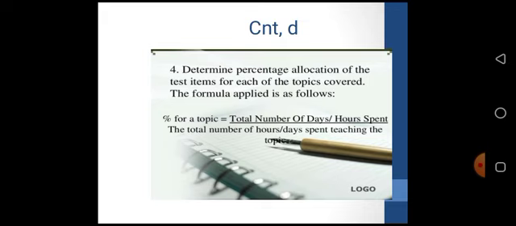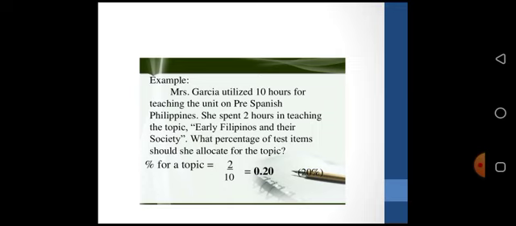The formula applied is as follows. Percent for topic equals the topic's number of days or hours spent over the total number of days or hours spent teaching topics. Example: Mrs. Gracia utilized 10 hours for teaching the unit on the Spanish Philippines.